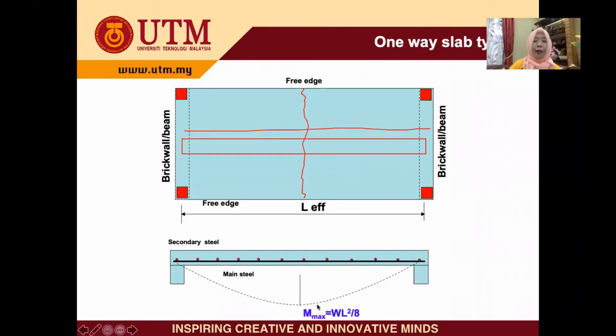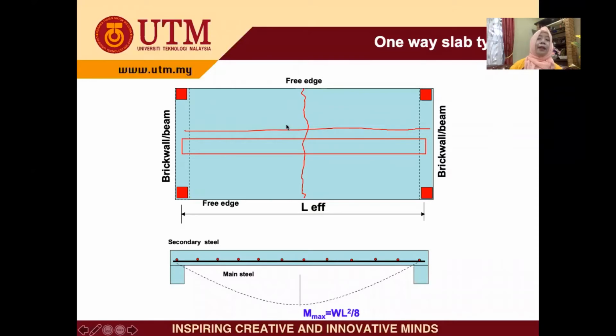From the moment we get, we can get the steel here, the black steel, the main steel, and the red one is the secondary steel. You don't need to design it, but the amount is 20% of the area of the steel in the black color. So that is the design of the slab for this kind of slab.